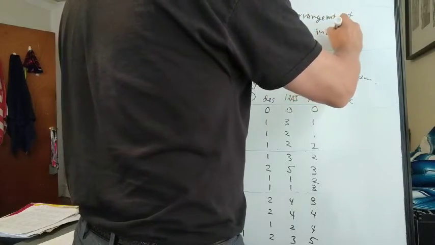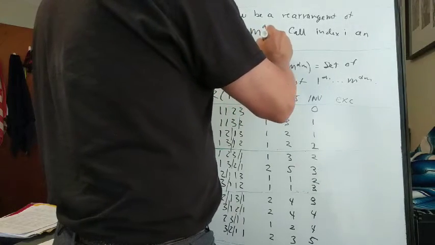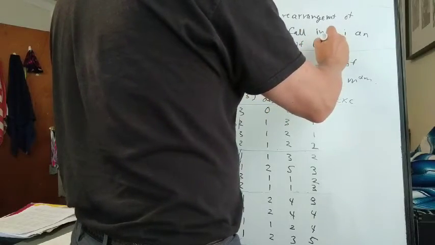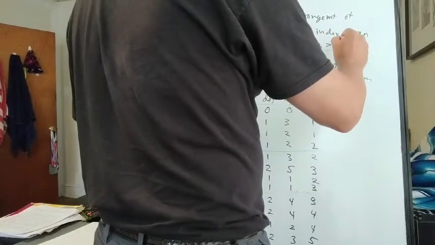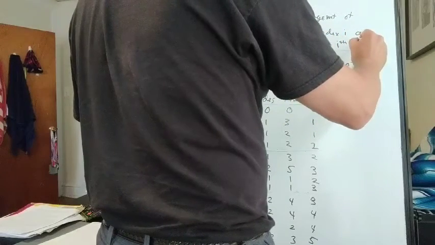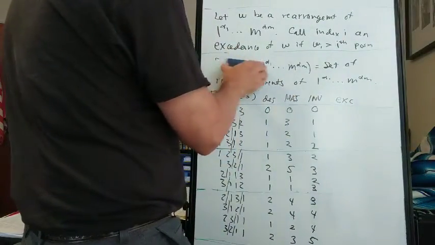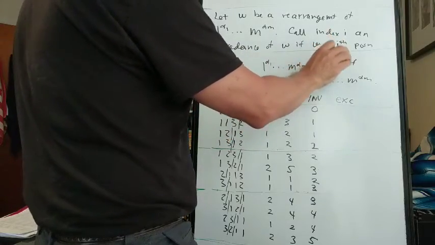We'll call index i an exceedance of W if Wi is greater than the ith position of this word, 1 to the alpha 1, m to the alpha m.